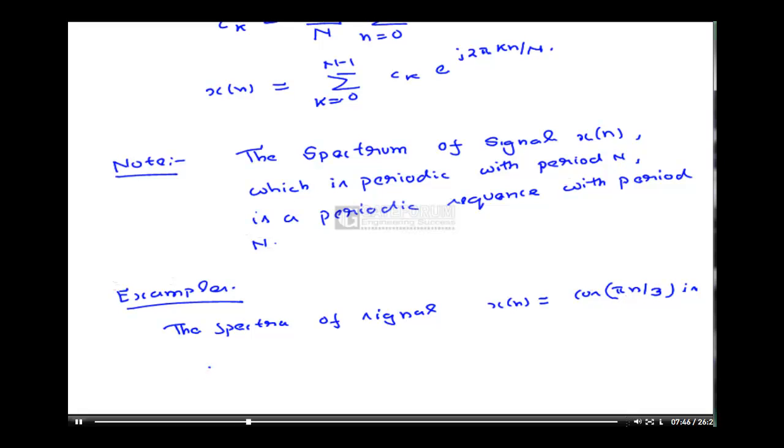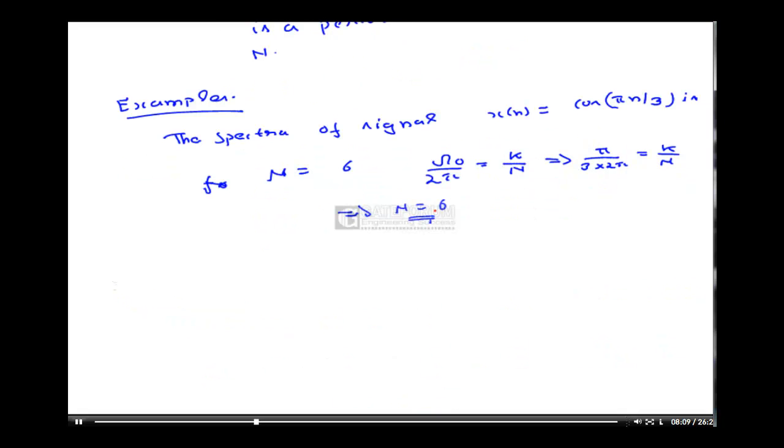What is the period of this? Omega naught by 2 pi equal to k by N. This implies pi by 3 into 2 pi equal to k by N. This implies N is equal to 6. Now f naught is equal to 1 by 6.